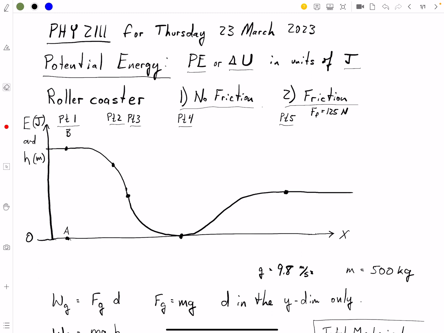Think of it like Indiana Jones going through the mine shaft in a mine cart. 500 kilograms in a cart, plus you or whatever. If you want to be in the cart, that's fine. So we're going to start at point 1. We're going to go to point 2, 3, 4, and 5. We're going to look at all of these.